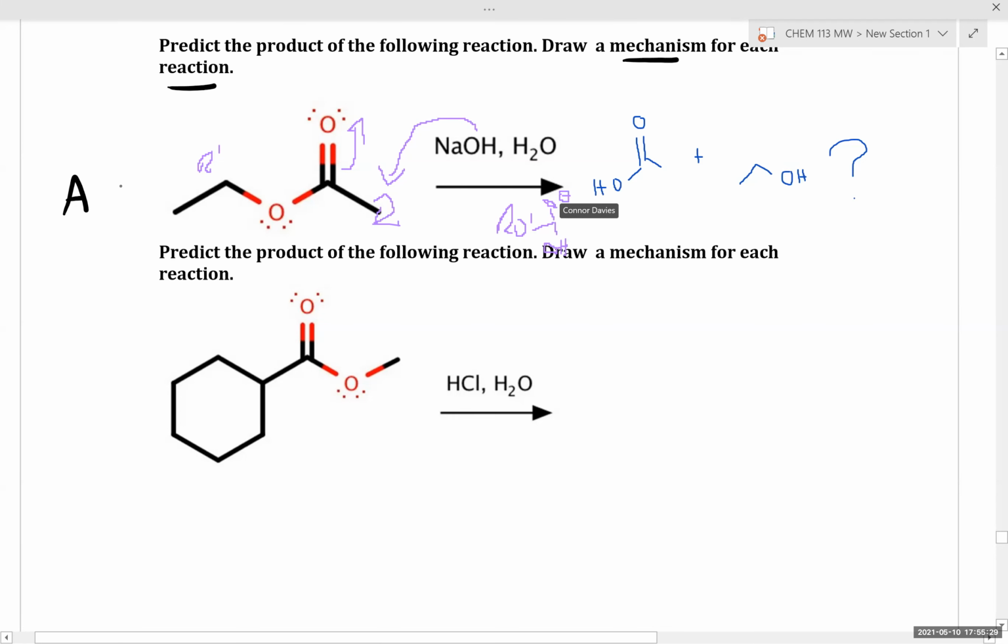And then that tetrahedral intermediate collapses. Yeah, it looks like the student's drawing the tetrahedral intermediate collapsing.